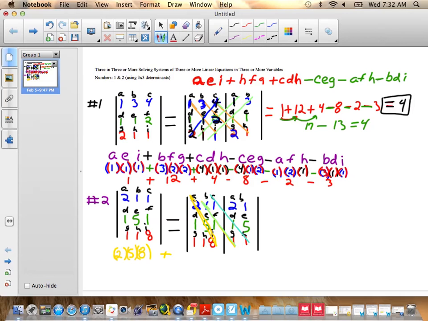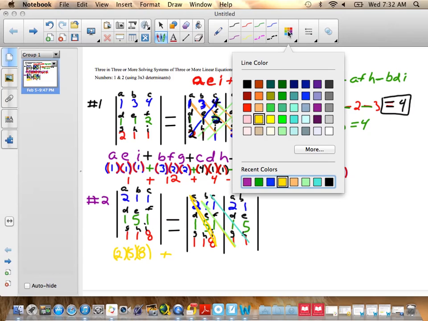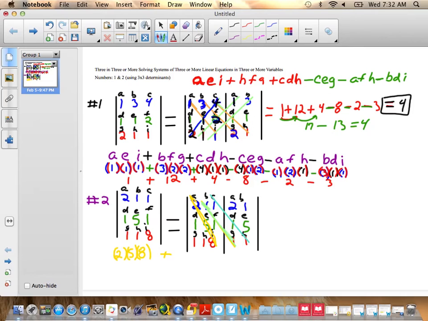Plus BFG. So B is a 1, F is a 1, G is a 1.